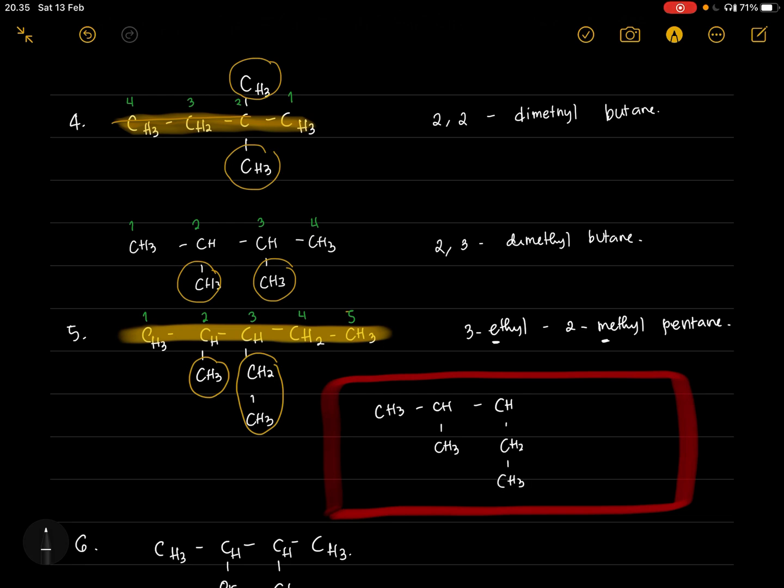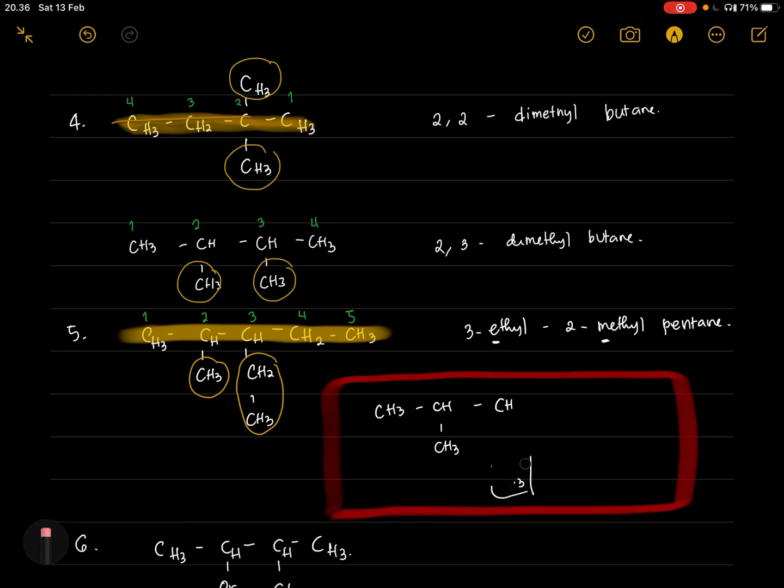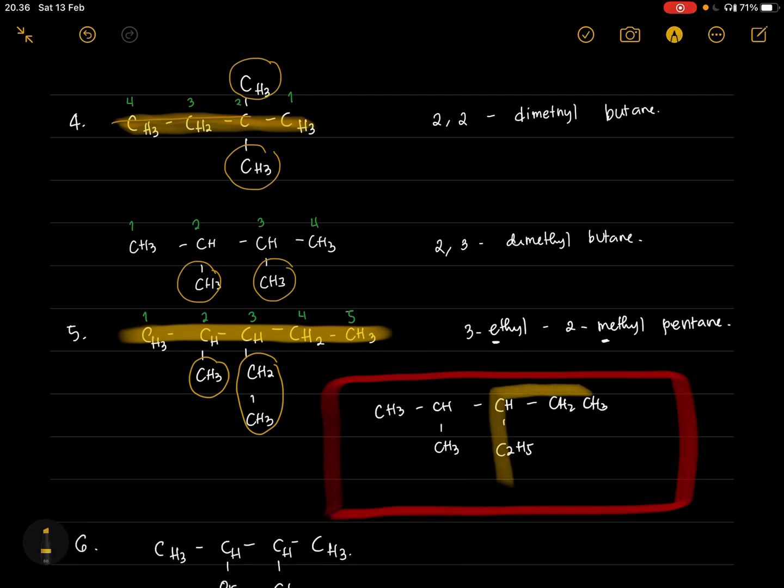You can condense this to C2H5 as well, if you prefer, no problem. Then if you are checking this one, hold a minute. So this one will be serving as the longest chain as well.